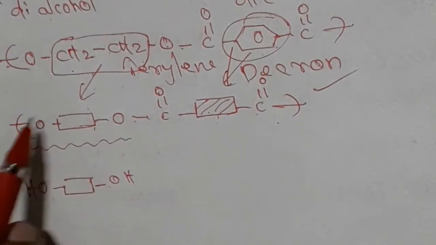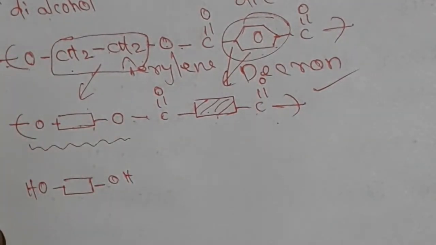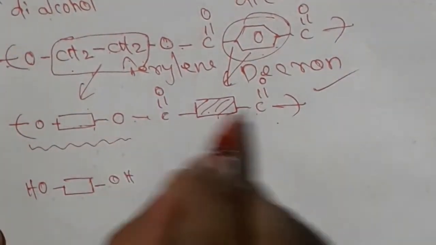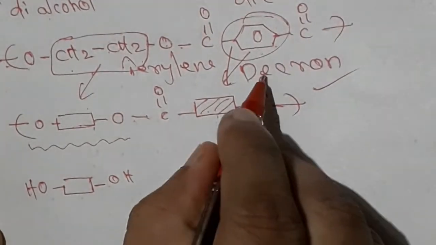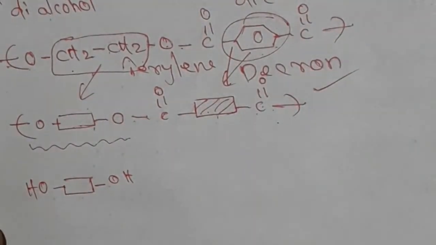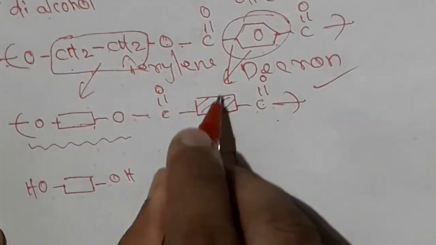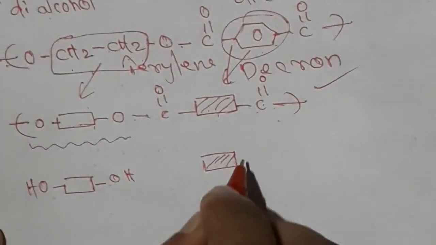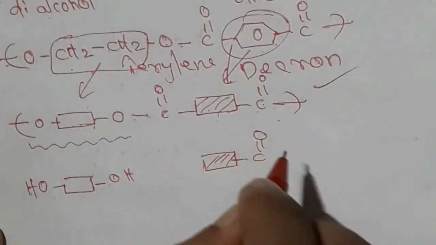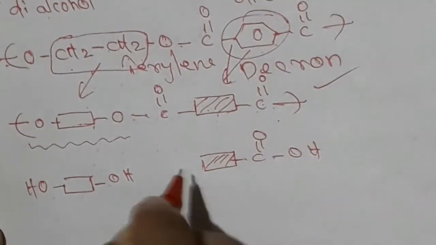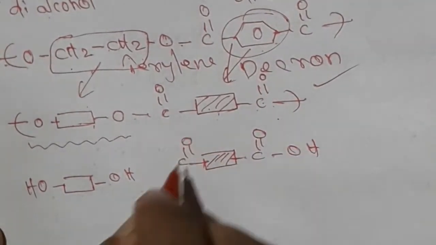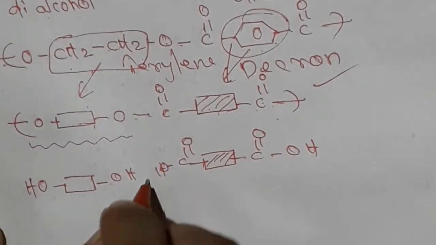Box, with OH on each side because it is alcohol. And this is carboxylic acid, carbon double bond oxygen, related to carboxylic acid. So just draw this type of box, carbon double bond oxygen OH, carbon double bond oxygen OH.